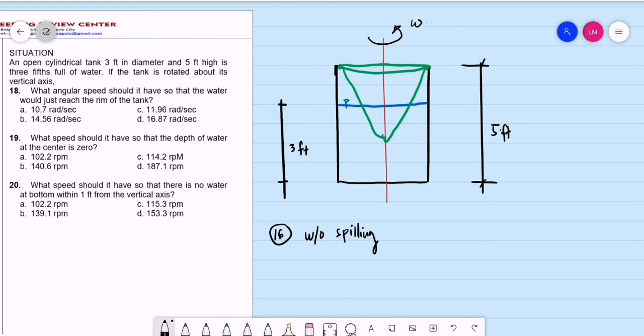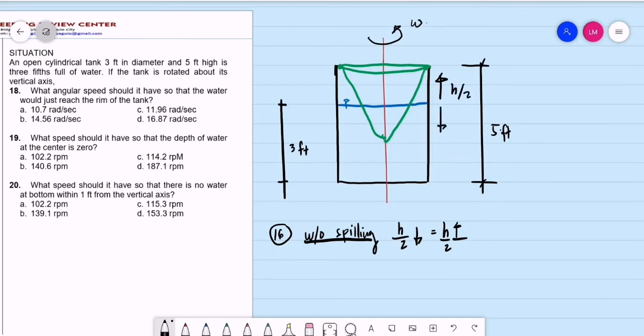Take note that this will be the behavior of the height of the paraboloid. Half of the height of the paraboloid will go down, and half of the height of the paraboloid will go up. So this will be the behavior of the paraboloid if our case is without spilling. This height is half of the height of the paraboloid.